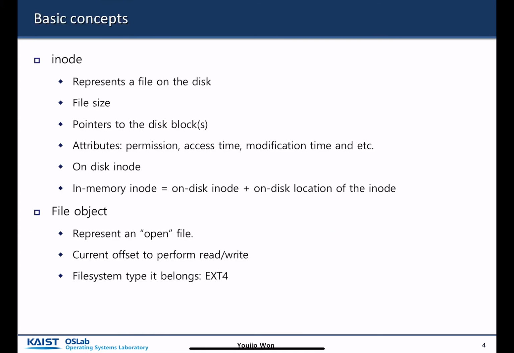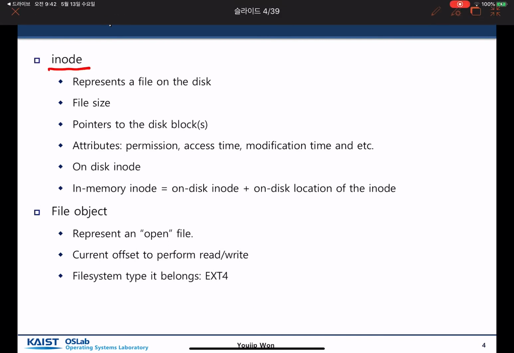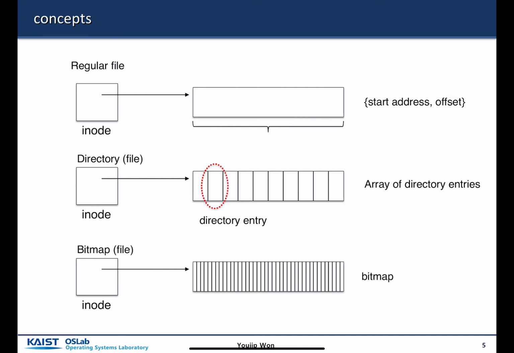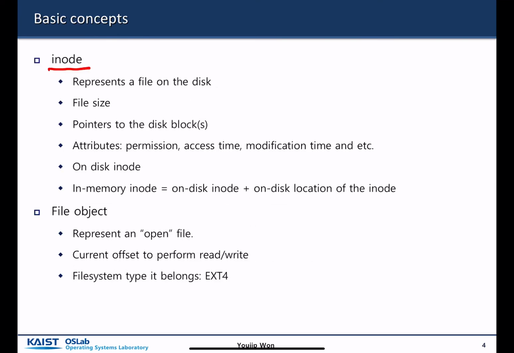Before we move on, we're gonna explain a few basic concepts in the file system. One of the most important data structures in the file system is the inode. An inode represents a file on the disk.